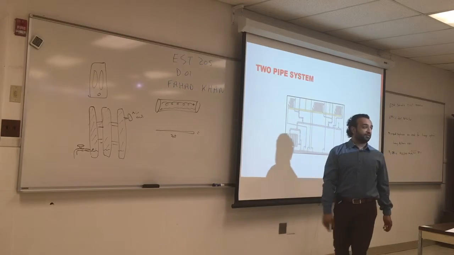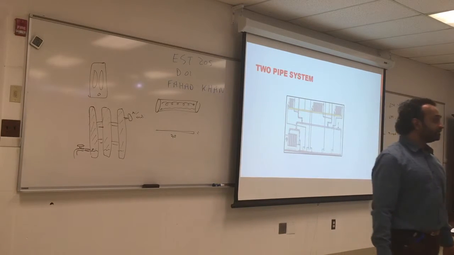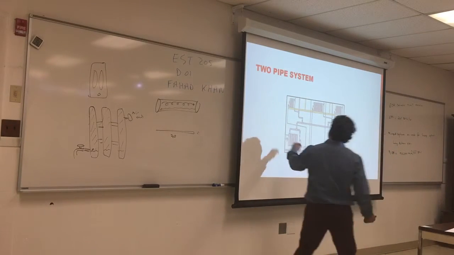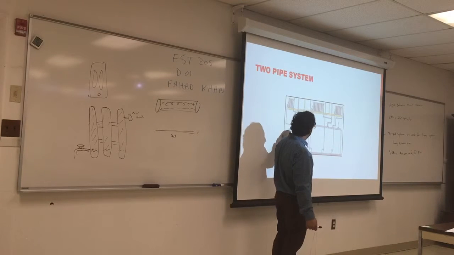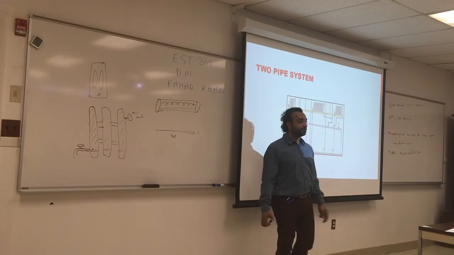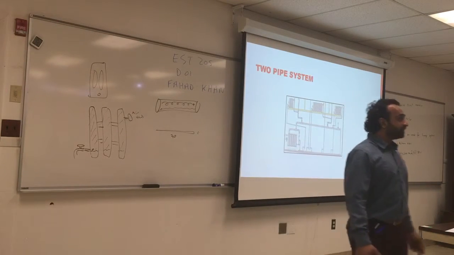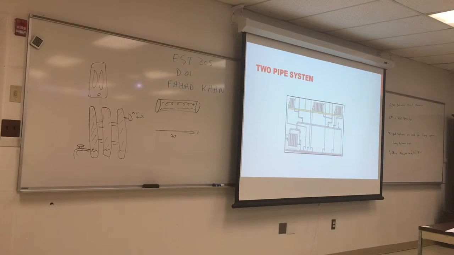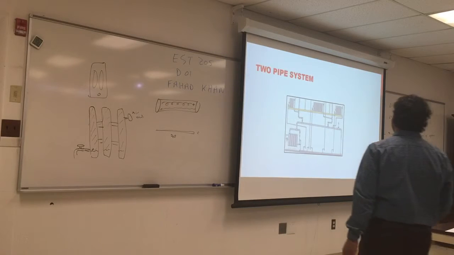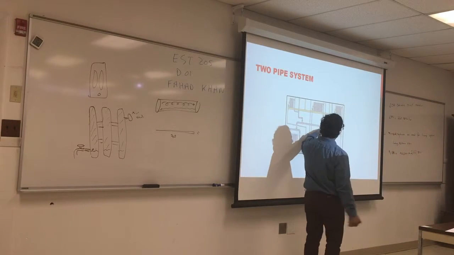What happens if you overfill it by 2 or 3 gallons? The water exceeds this level here. There will be a lot of accumulation of water in the system, and you'll have a lot of hammering, because the water in the system is accumulating too much.